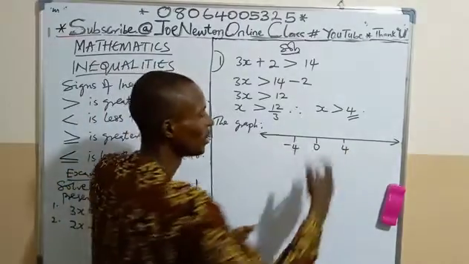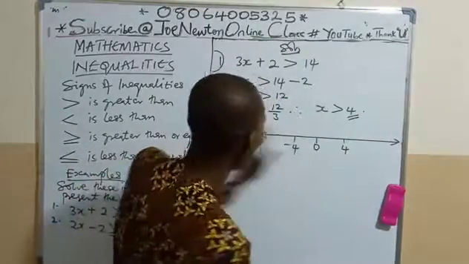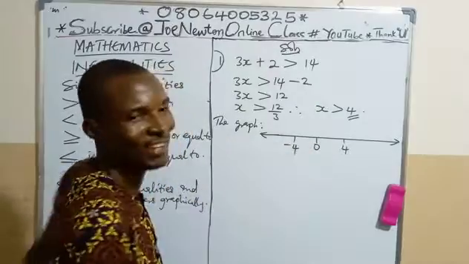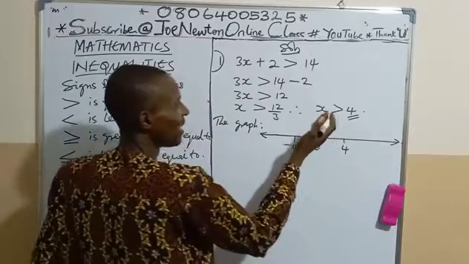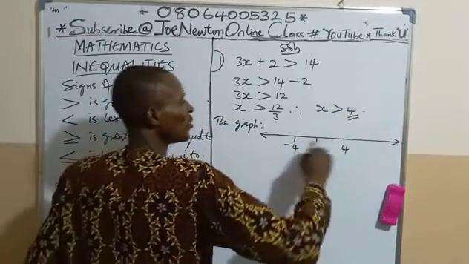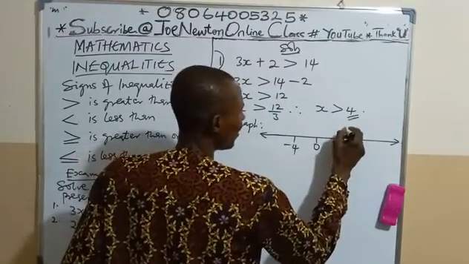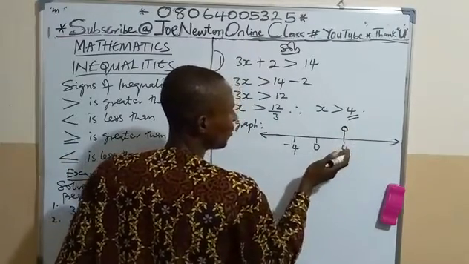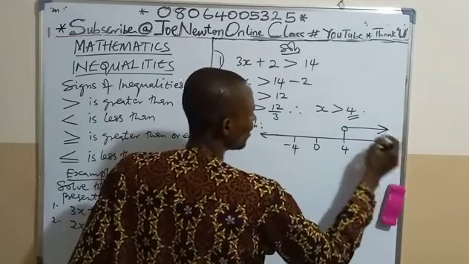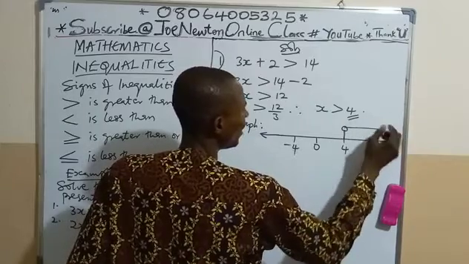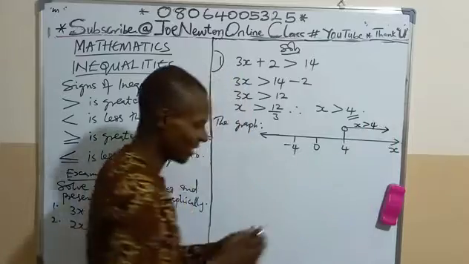In a number line, the right direction shows positive, the increasing side, while the left direction shows negative, decreasing values. But our answer says that x is greater than 4. So here is 4. x is greater than 4, which means x is any value in this range. That's the answer in graph.